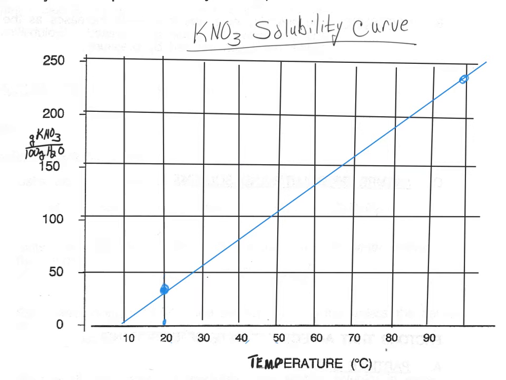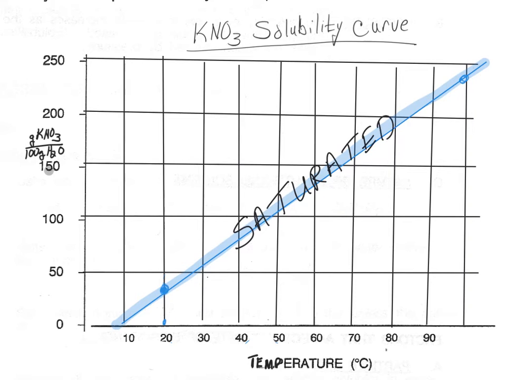And of course, the solubility curve shows us the maximum amount that can dissolve in 100 grams of water at various different temperatures, which means that any solution that lies on the solubility curve is going to be a saturated solution.